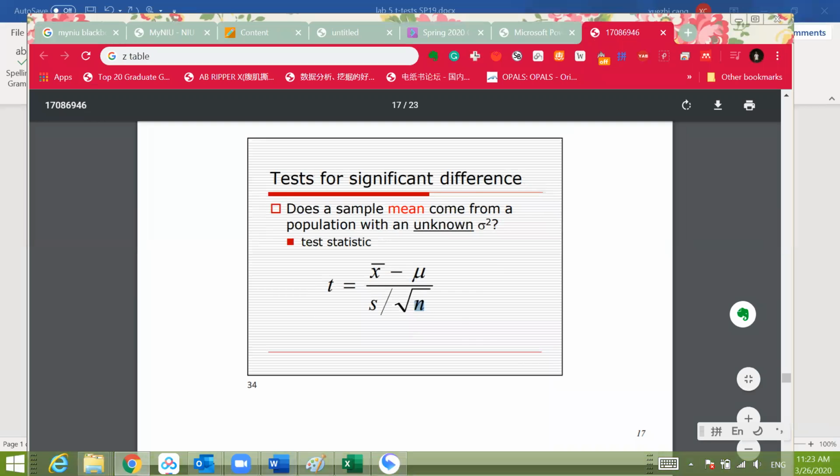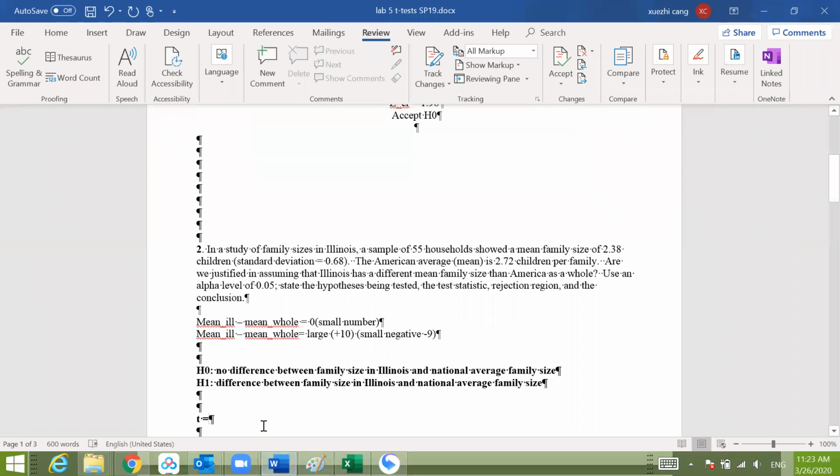So we just do our calculation here. T equals the average of Illinois minus the average of the whole country, divided by the standard deviation, then divided by the square root of the sample size.